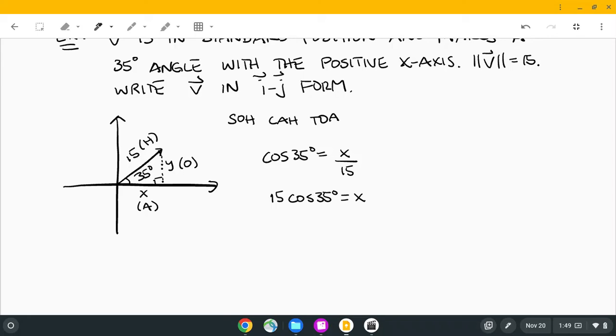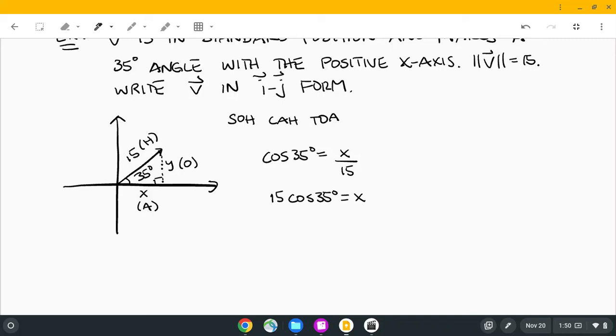And so here, this x equals... Oh, you know what? I kind of made a mistake, but let me just change that. Hold on, I need to get my calculator. Okay, let me pull up my calculator so I can figure out what 15 times cosine of 35 degrees is.